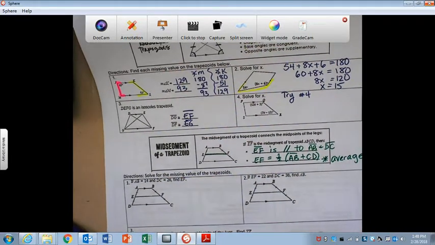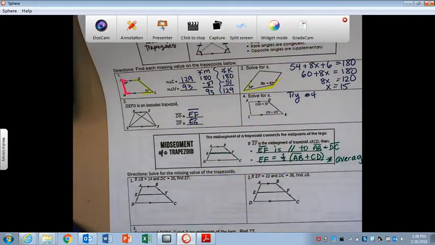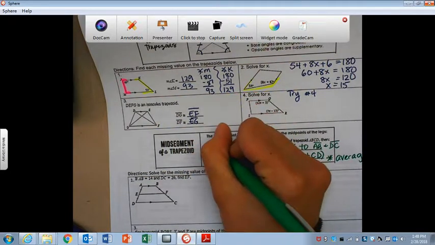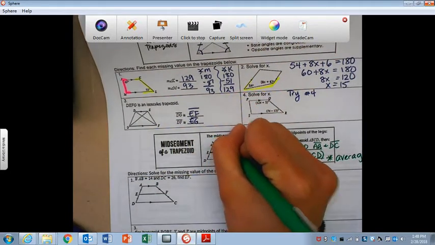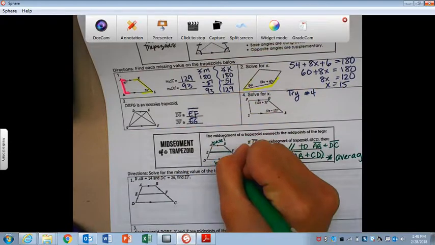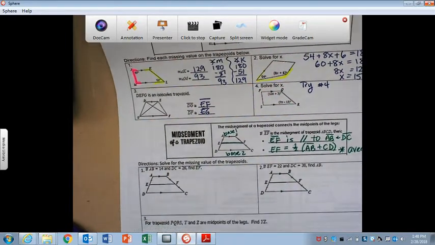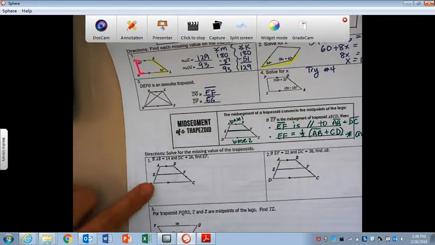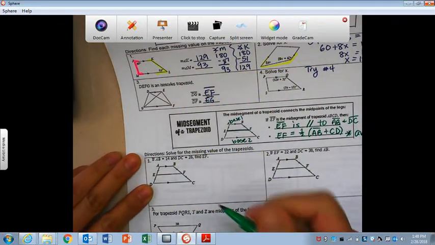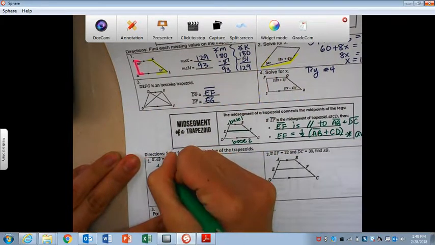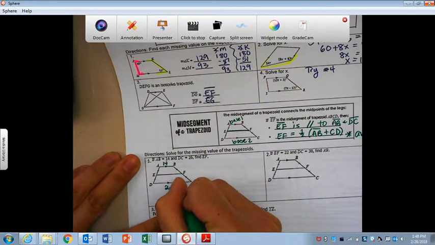So basically the mid-segment is the average, okay, of the two bases. Alright? So for a trapezoid, it's important to remember that these are both bases. So you've got base 1 here and base 2 there, and the mid-segment is in the middle. Okay, so let's try this one. You've got AB, this is 14, DC is 26, find EF.